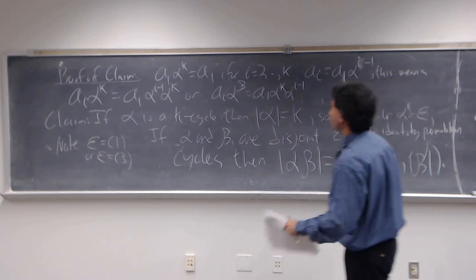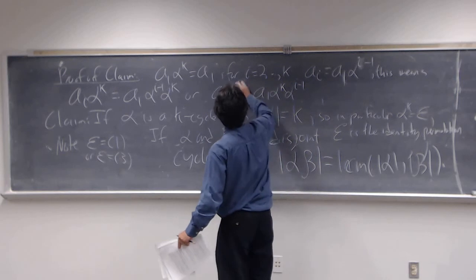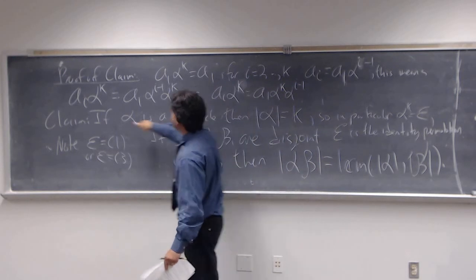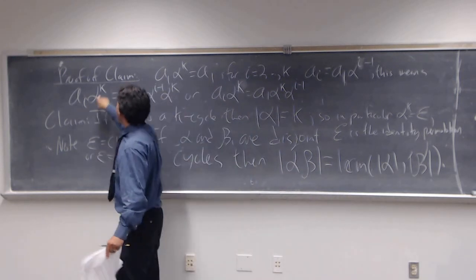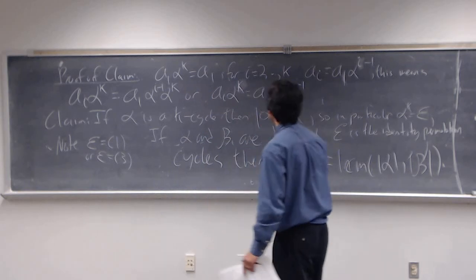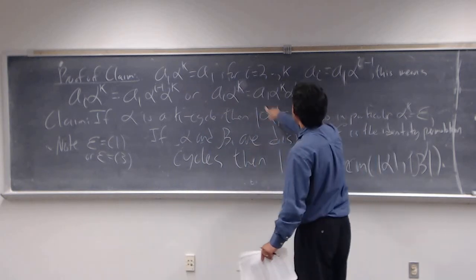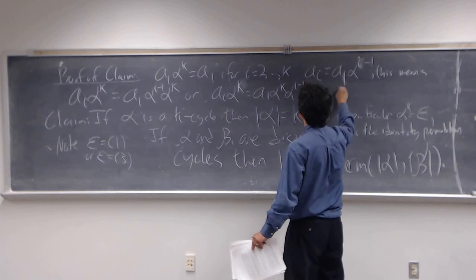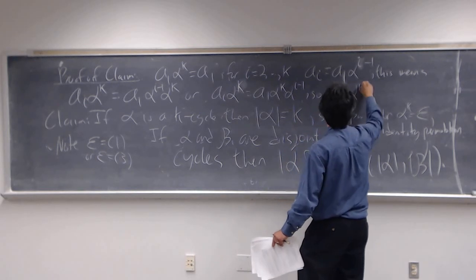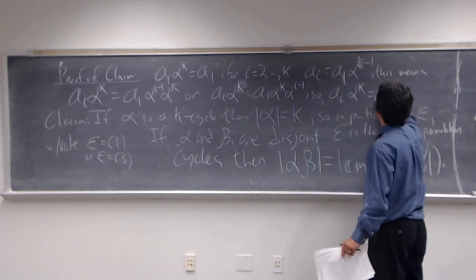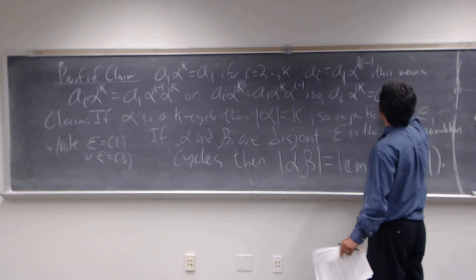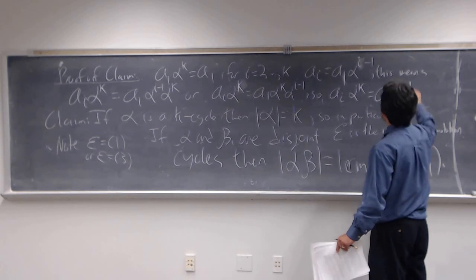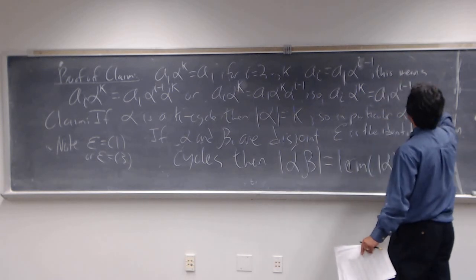I'm just copying this over, A1 alpha to the K. But A1 alpha to the K, remember, is A1. So we have A_i alpha to the K equals A1 alpha to the i minus 1. That's exactly A_i.